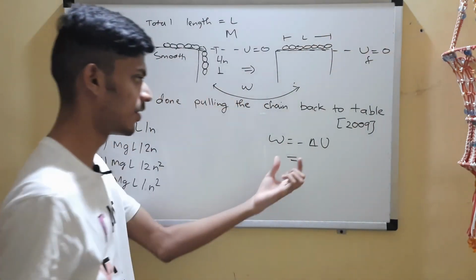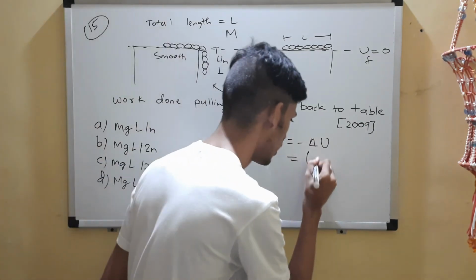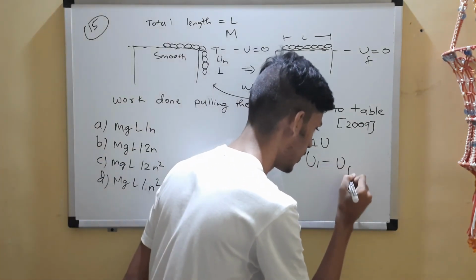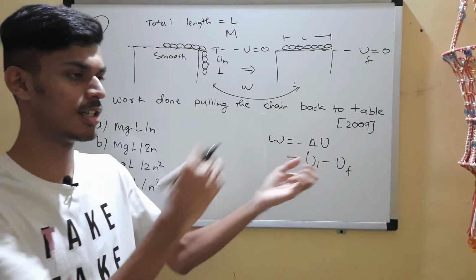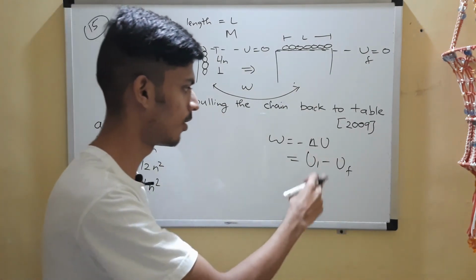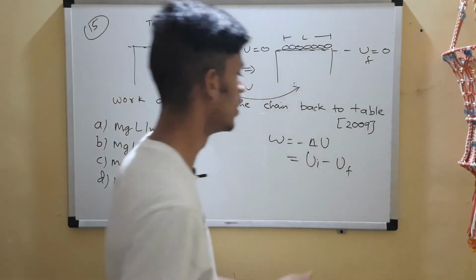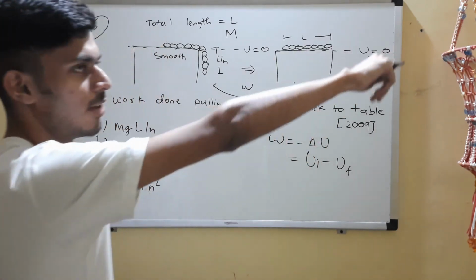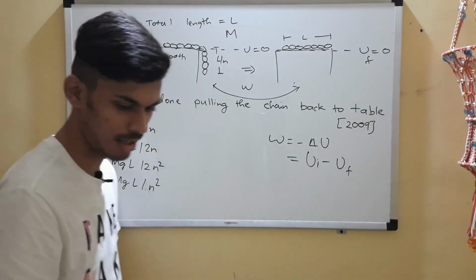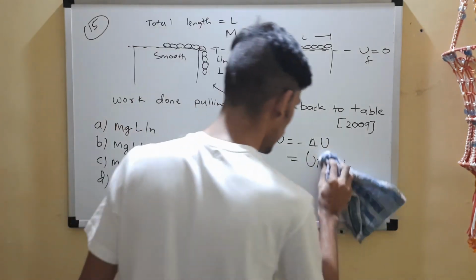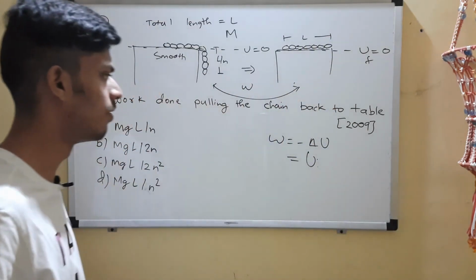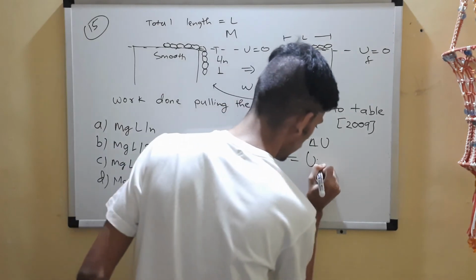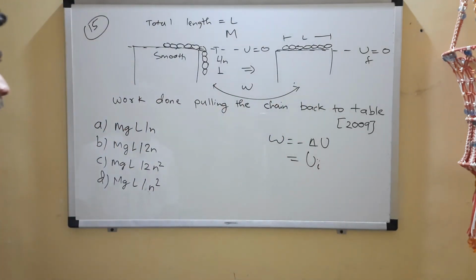Negative change in potential energy means initial potential energy minus final, because change in potential energy is final minus initial, so negative of that is initial minus final. Final potential energy is 0, we have considered that as our reference line. So basically the work done will be whatever the initial potential energy is.